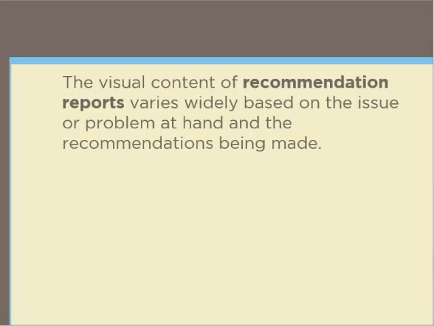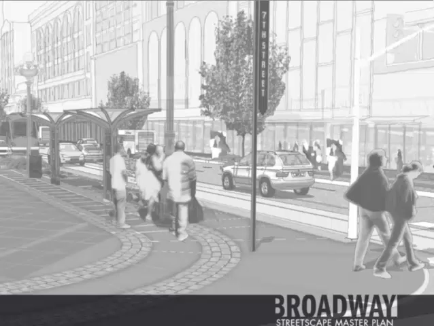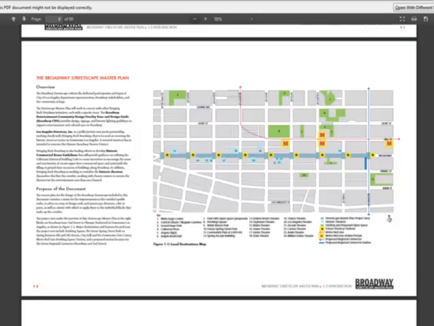The visual content of recommendation reports varies widely depending on the problem or issue at hand and the recommendations being posed. An example recommendation report that I found that I thought was really interesting is a Broadway streetscape master plan. Early on, the document provides a map that identifies the key geographical area under discussion and some of the landmarks in that area.